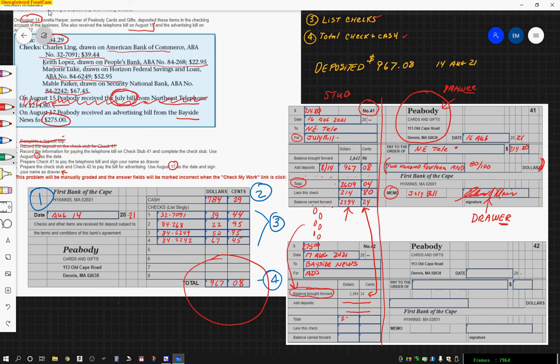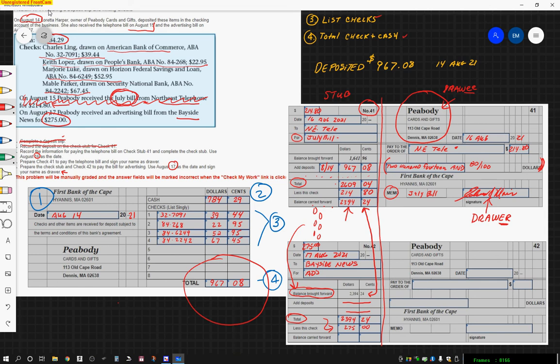$2,394.24. How much was the check for? $275, even. And now a balance carried forward. That's the previous balance, the total, minus the check you just wrote, which is this check stub, right?